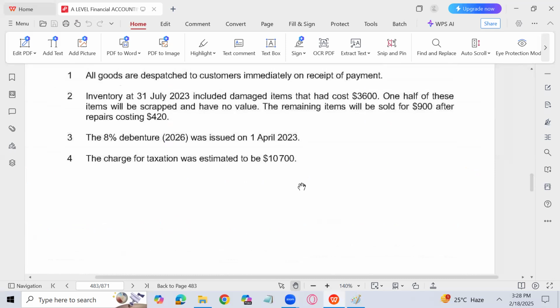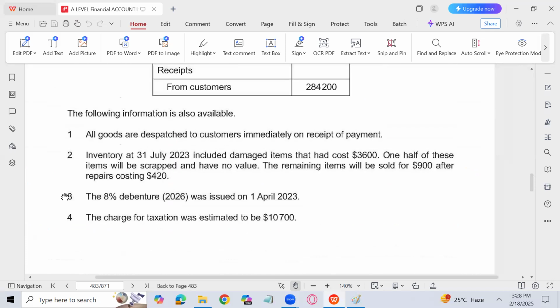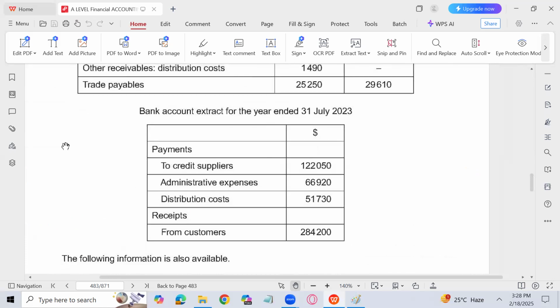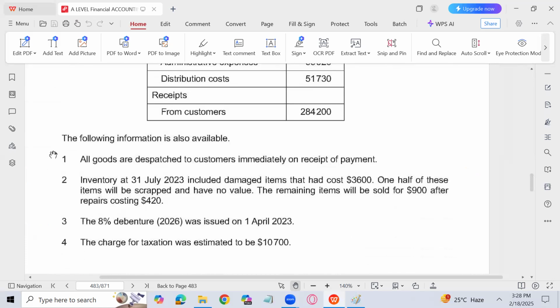It means we have to pay interest on the 8% debenture for 4 months. The amount of debenture is 36,000, so 36,000 multiplied by 8% into 4/12. That is going to be your finance cost or interest expense. Charge for taxation was estimated to be 10,700.